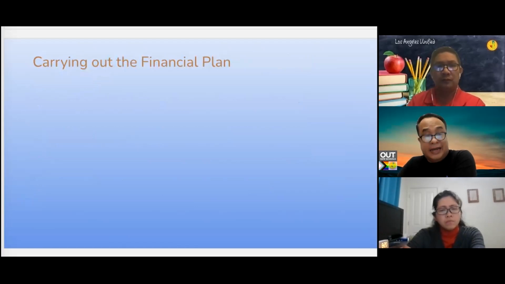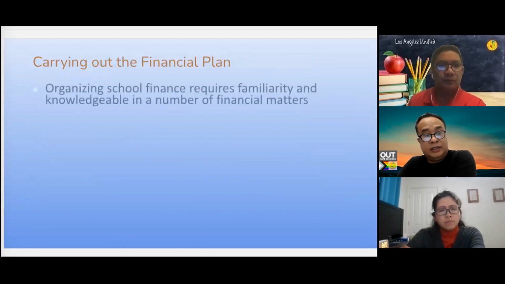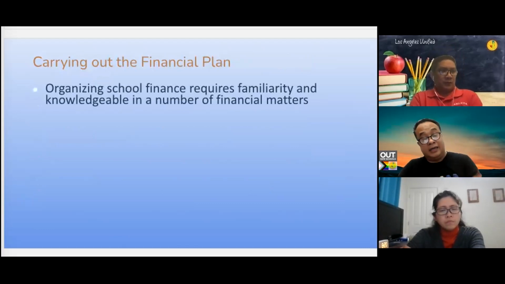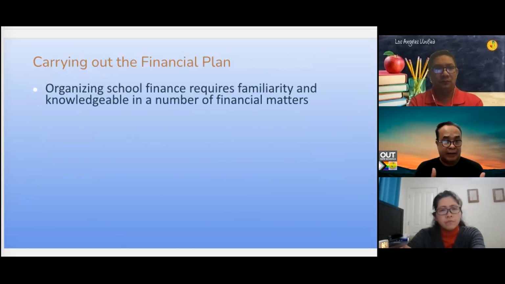To carry out the financial plan, as Ms. Sikat explained in the focus of financial management, organizing school finance requires familiarity and knowledge of a number of financial matters. Knowledge of accounting principles is a plus, not a must.